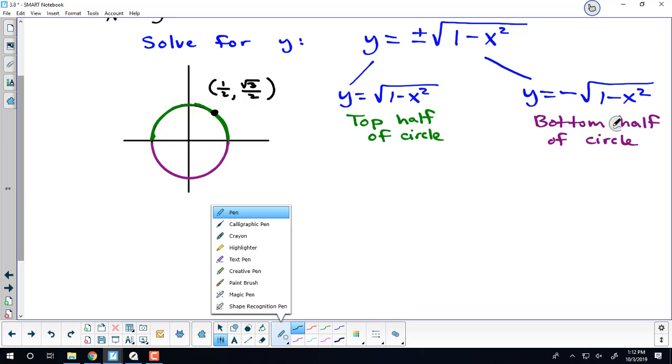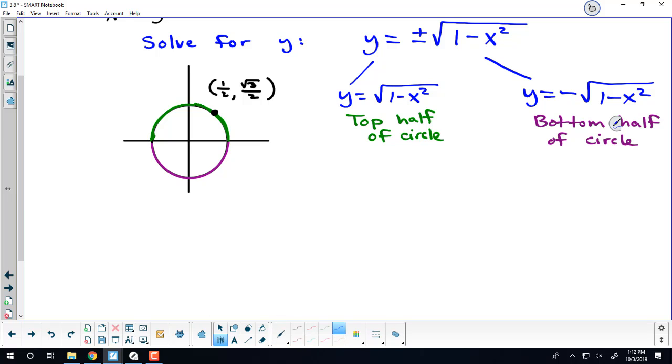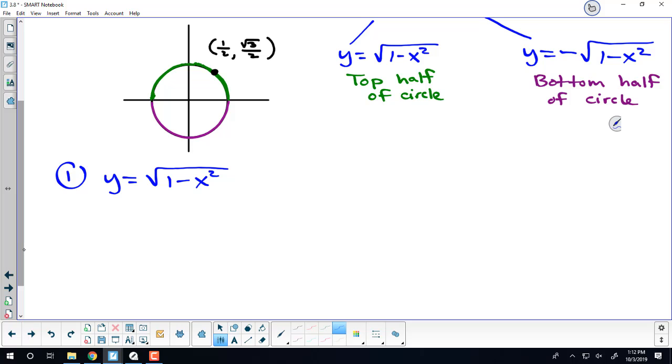Let's look at the derivatives individually. What's the derivative of root 1 minus x squared? Yeah, 2x is part of it.